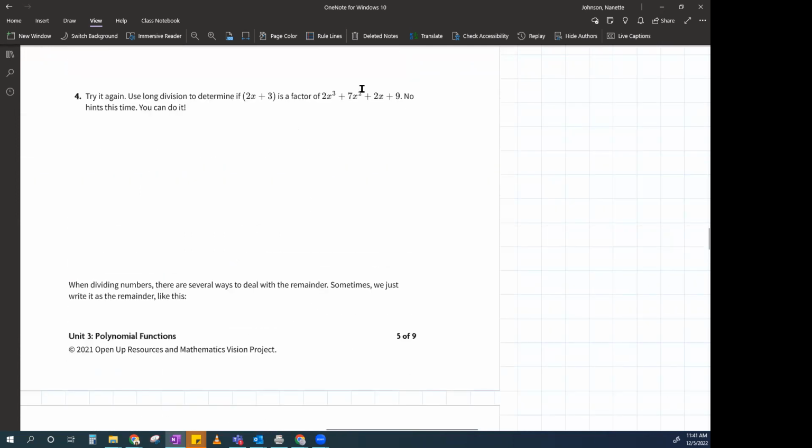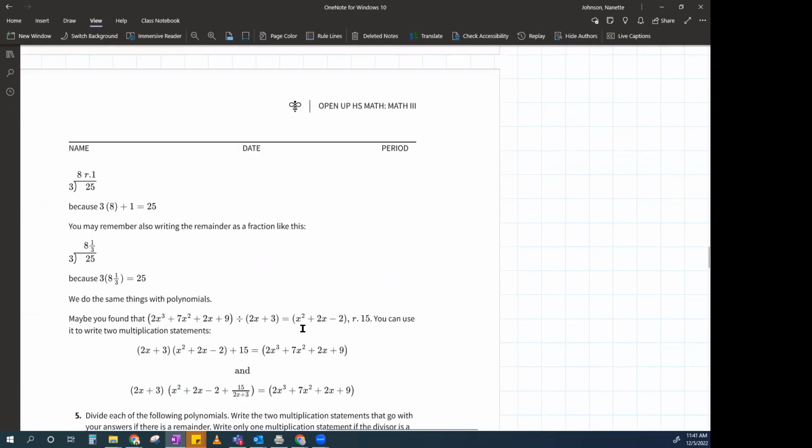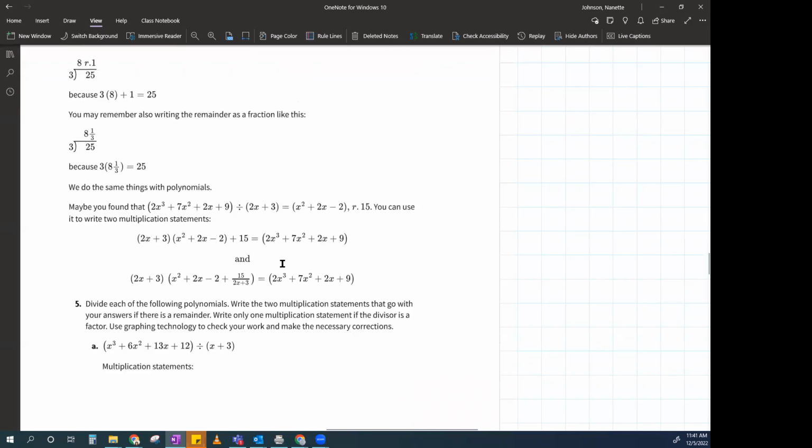So when you divide this one, there's going to be a remainder. Because there is a remainder, it indicates this thing is not a factor. The only reason I know that is because it says here, remainder 15. So there are 2 ways for you to write it. Number 1, here's one of them. Look where this is.